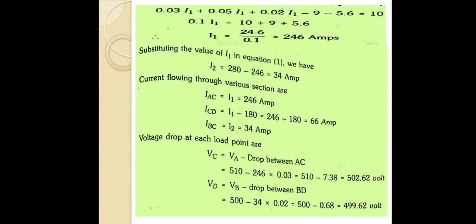Like that, VD is VB minus the drop between B and D, that is 500 minus 34 into 0.02, which gives 499.32 volts. So, like this we need to calculate the voltage drop at each load point.